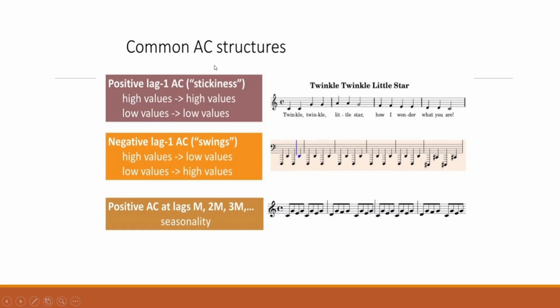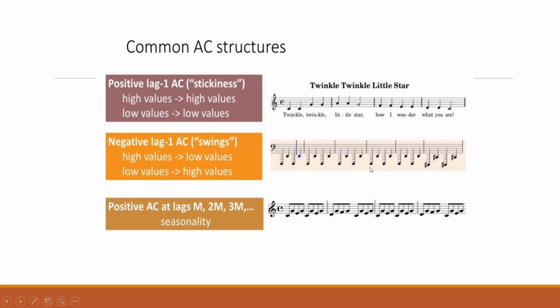Now, the common autocorrelation which can exist is that your values may be high values followed by high values, low values followed by low values. Just like a poem, Twinkle, Twinkle, Little Star, How I Wonder What You Are. You can see here. It may also be possible that there is a negative lag: high values followed by low values followed by high values.